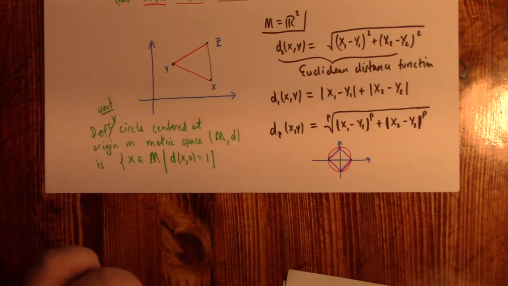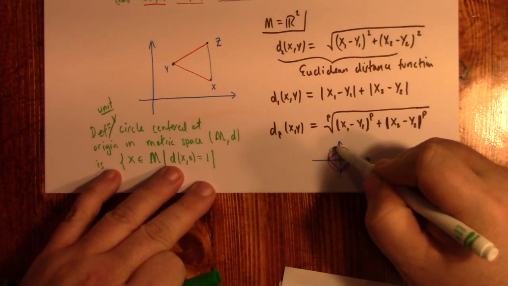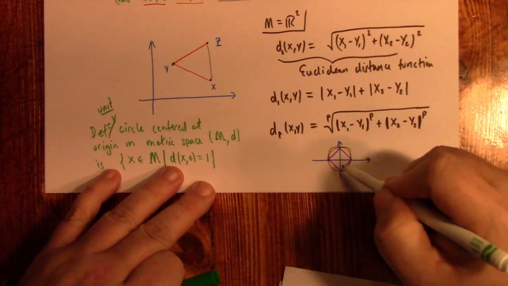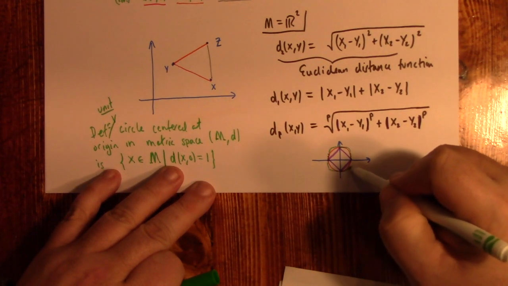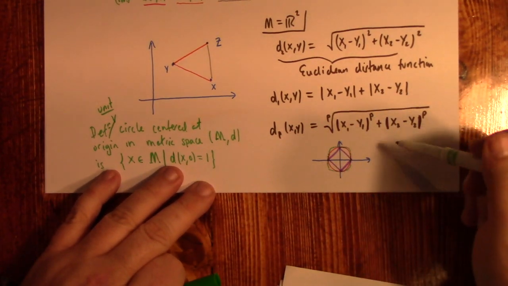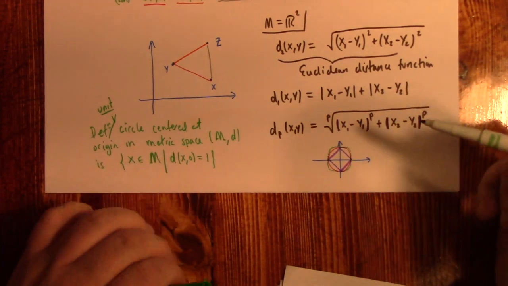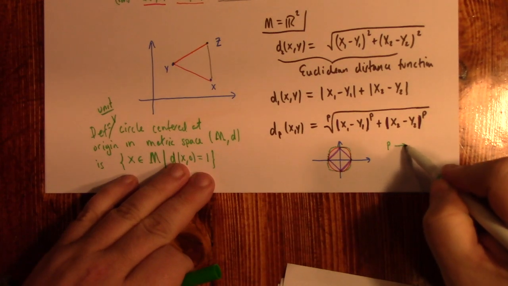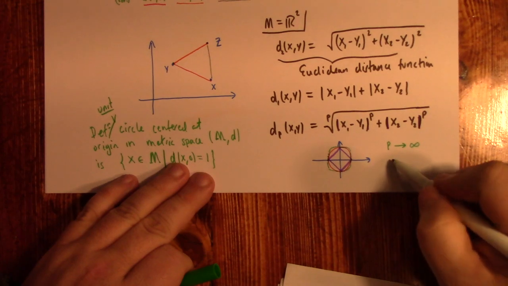I should make my picture bigger. Oh well. It kind of blows the circle up a little bit, so the cube one is out here somewhere. You can imagine the circle blowing out its cheeks like a trumpet player. And if you take the limit as p goes to infinity, you get a square. So the circle becomes a square in the limit as p becomes arbitrarily large.